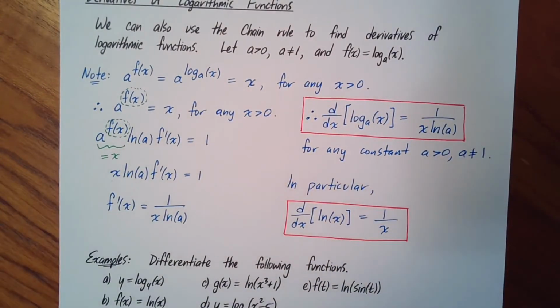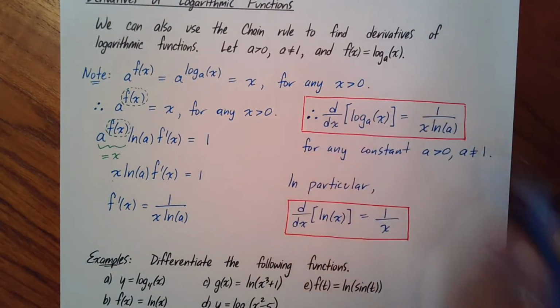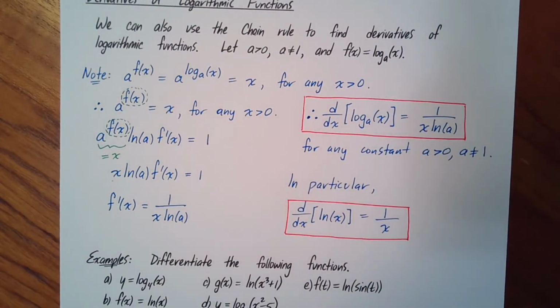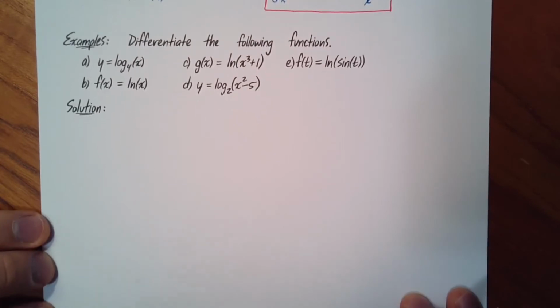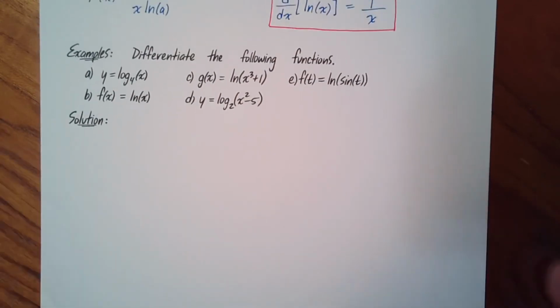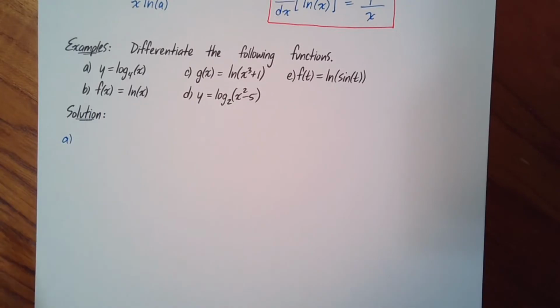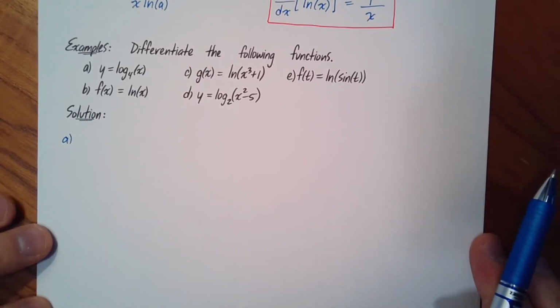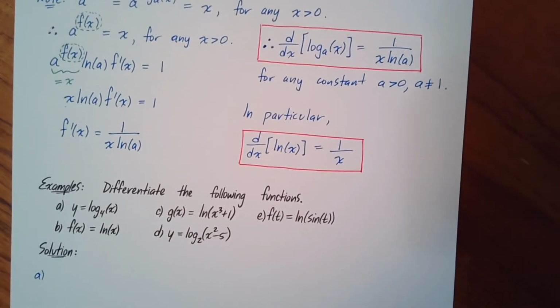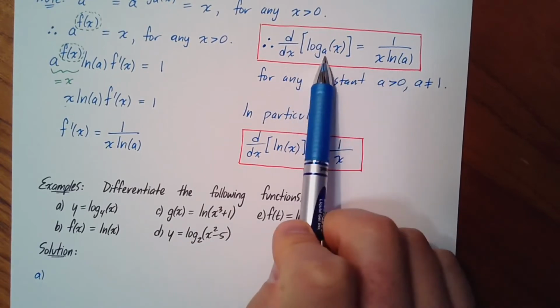Okay, so that's how we can handle the derivatives of logarithmic functions. Let's look at some examples. We want to differentiate the following functions. Let's start with the first one. We've got y is log base 4 of x. Well, that's going to come straight from the formula. That's literally what you have here, except a is equal to 4.